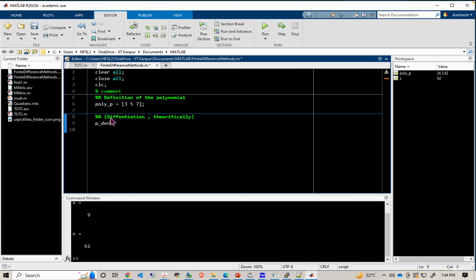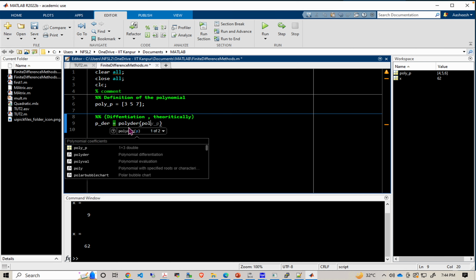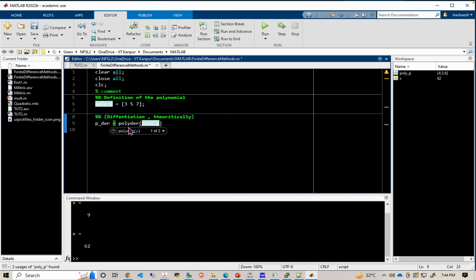Suppose I have given a name p underscore derivative, but now comes the function that's very important, which is polyder, the derivative of a polynomial. We write inside it poly p, which is the name of the function we have defined.